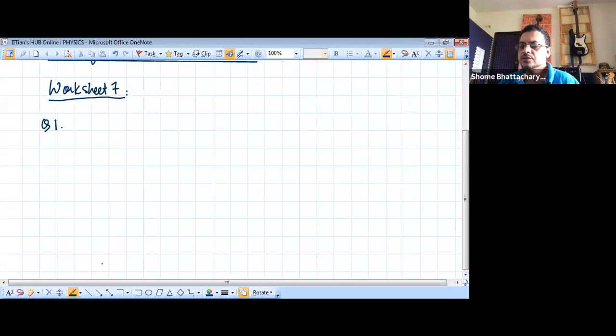It says that if you have a particle that is initially, let's say, at this point A, the coordinates are 0, 1, 2. And now it is moving towards another point B, whose coordinates are 3, 5, 2.